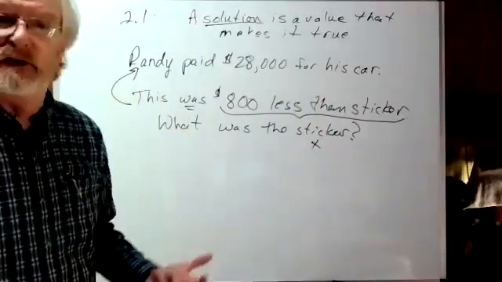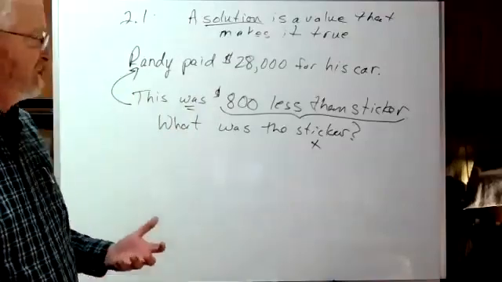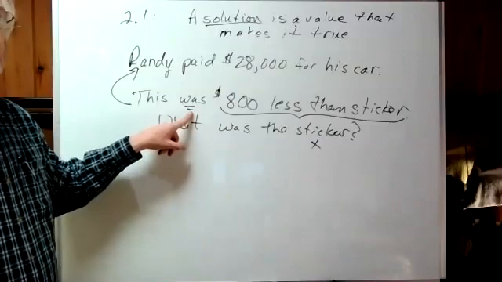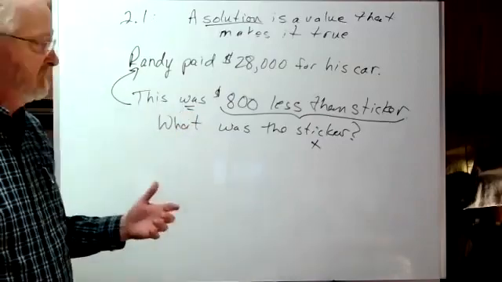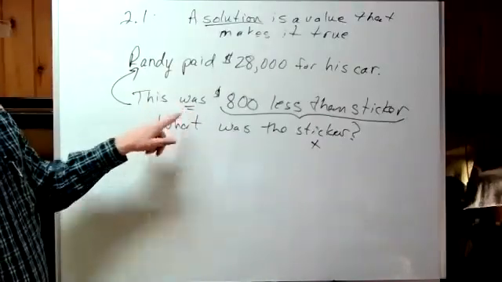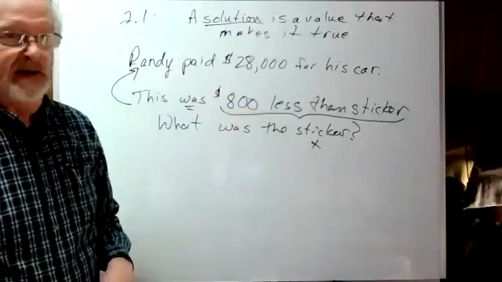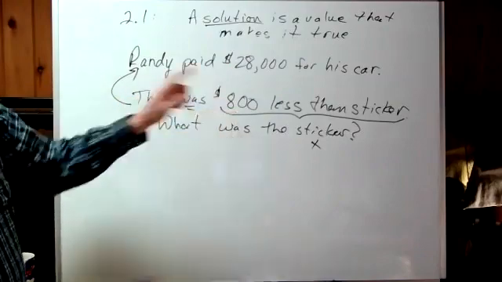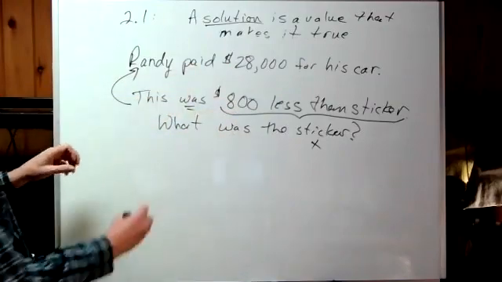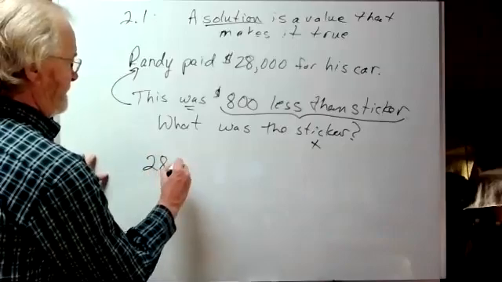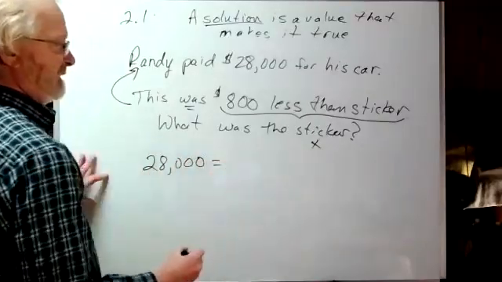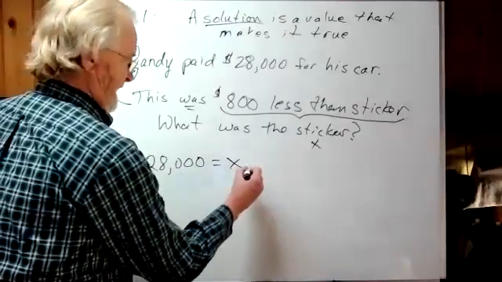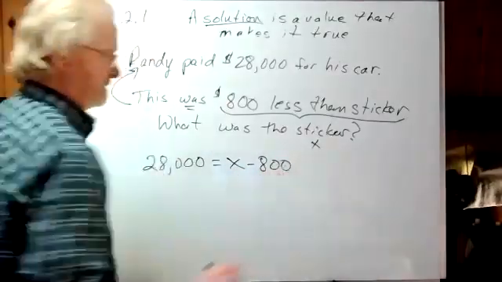I wrote it as 2 sentences, but there's still a sort of equal sign word here, right? Is or was. This was equal to 800 less than the sticker. All right, so 28,000 is 800 less than the sticker. If x is my sticker, 800 less than the sticker.